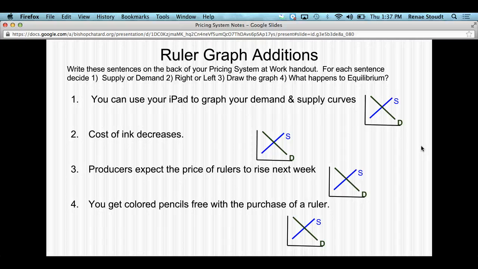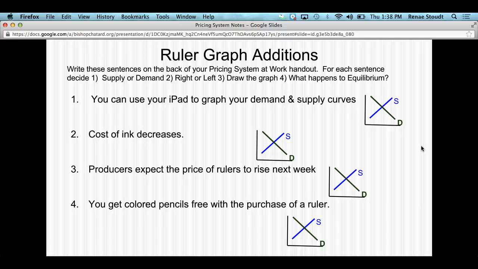For each one, I want you to determine: is it supply or demand? Is it a right or left shift? And then I want you to draw the graph. When I say draw the graph, I drew right now what the current graph looks like. I want you to draw illustrating the new change, the new shift. And then tell me what happens to equilibrium, price and quantity.